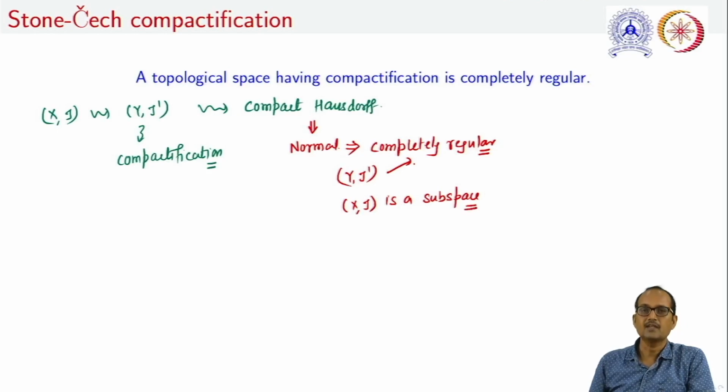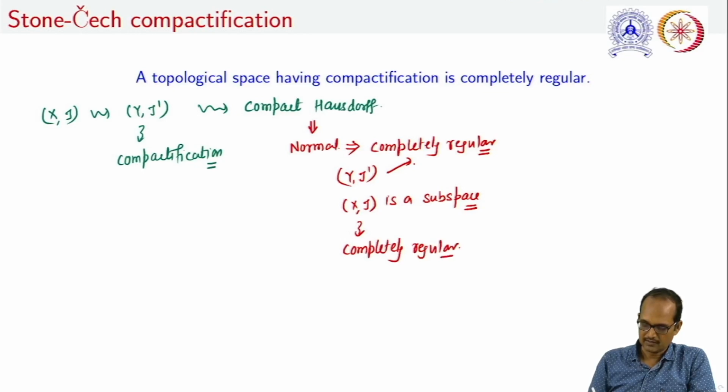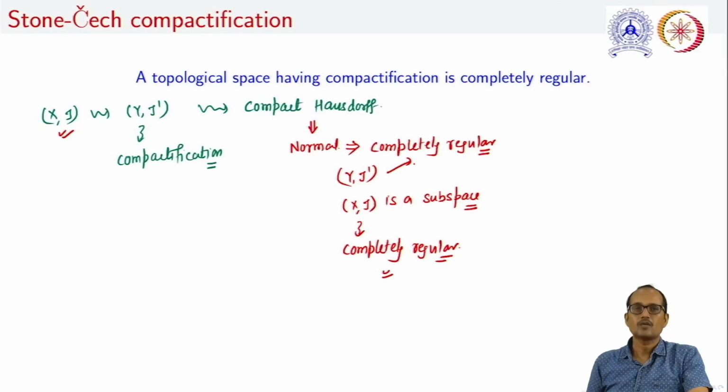We have studied that subspaces of a completely regular space are completely regular, and therefore this is also completely regular, and that's the justification of this statement, that if (X, tau) has a compactification, then (X, tau) will always be completely regular. Question is, what about the converse of this statement, whether every completely regular space has a compactification?